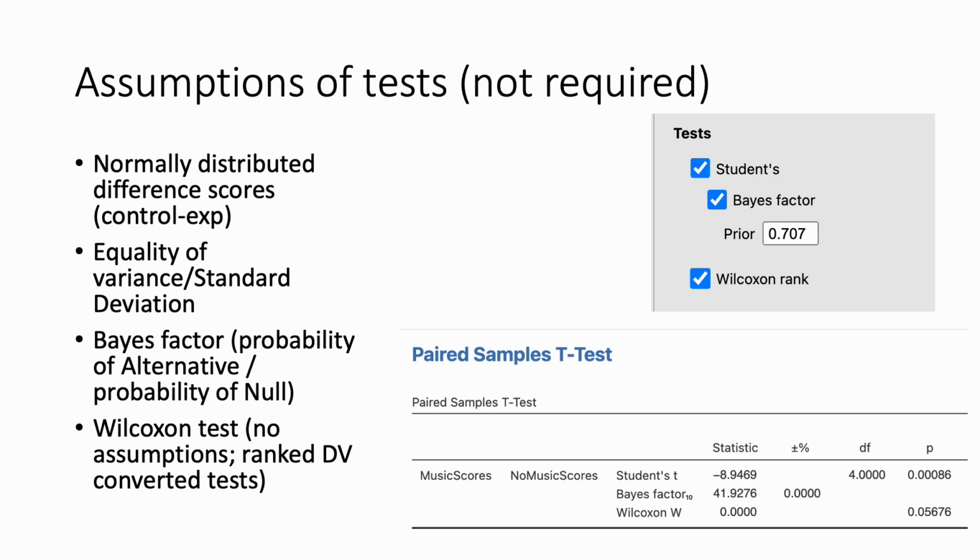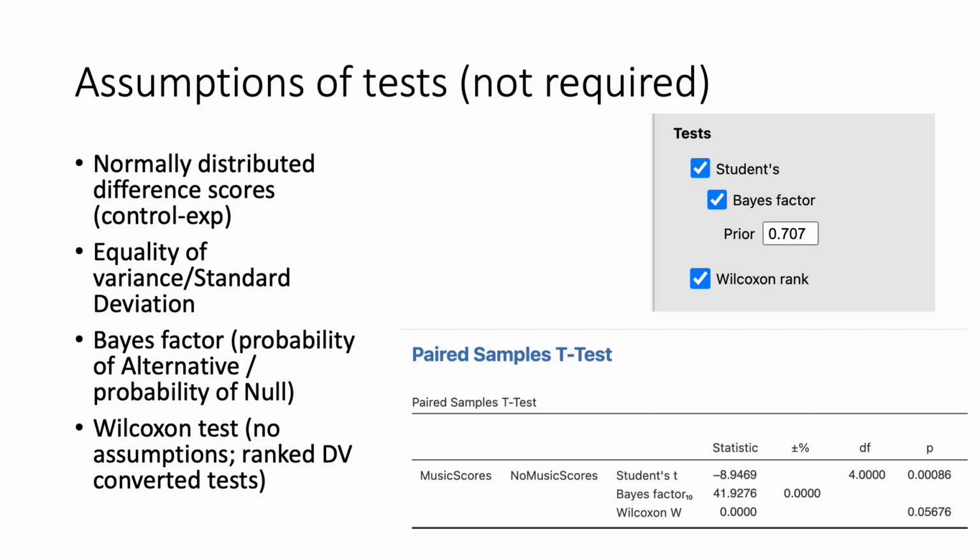Now, if you look in your t-test options, what tests you can click, you have something you've seen before, the Bayes factor, and something you haven't seen before, the Wilcoxon test. Remember our assumptions: normality of the data. So normally distributed difference scores. So that would be no music minus music condition, or music minus no music condition, depending on what you predicted.